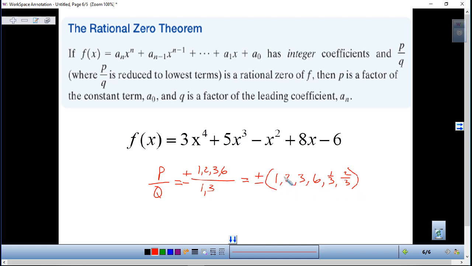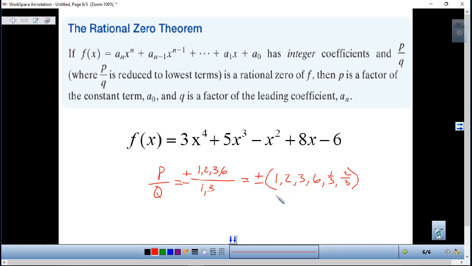It's plus or minus 1, or plus or minus 2, or plus or minus 3. And what that means is that I've got positive 1, 2, 3, 6, 1/3, and 2/3, and -1, -2, -3, -6, -1/3, and -2/3. So while you're looking here and you're saying, oh, there are only 6, there are actually 12, because there's the positive values and the negative values.